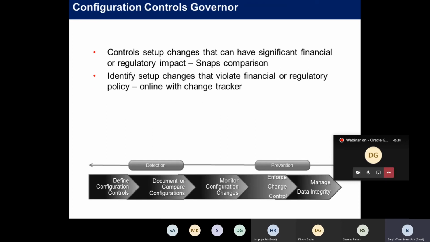Configuration control: basically, if anybody changes the setups, then we get notified. We take snapshots at regular intervals, for example before, during and after every month closing, or before and after applying a patch, and we compare the snaps to know what has changed.